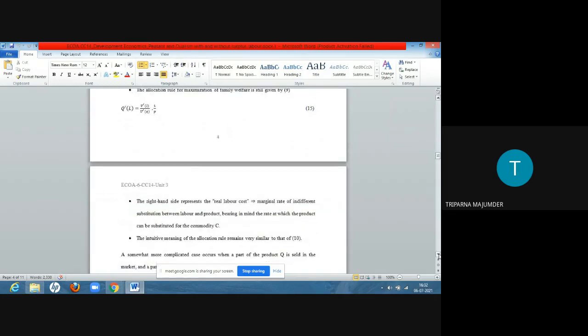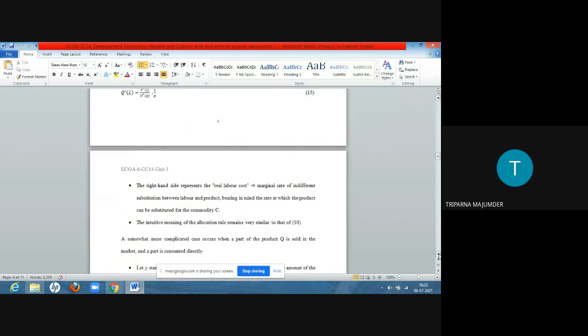Now, the right-hand side represents the real labor cost. That means the marginal rate of substitution between labor and product, bearing in mind the rate at which the product can be substituted for the commodity C. The intuitive meaning of the allocation rule remains very similar to that of 10.